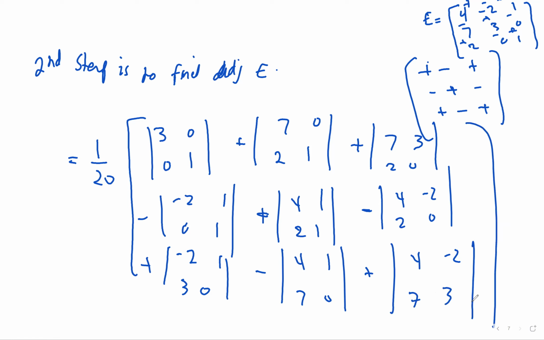So that's our matrix, and now we do the operations the same way as when we calculate the determinant. So it's equal to 1/20.